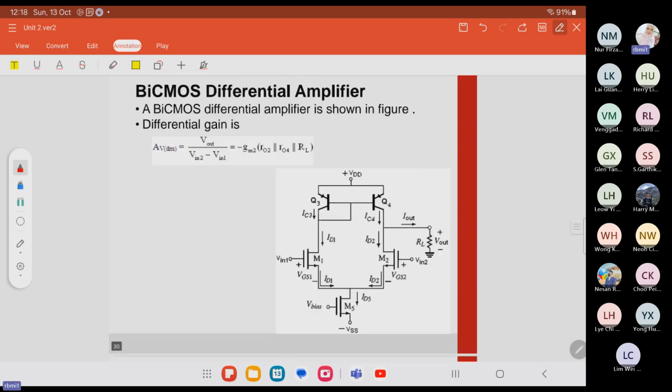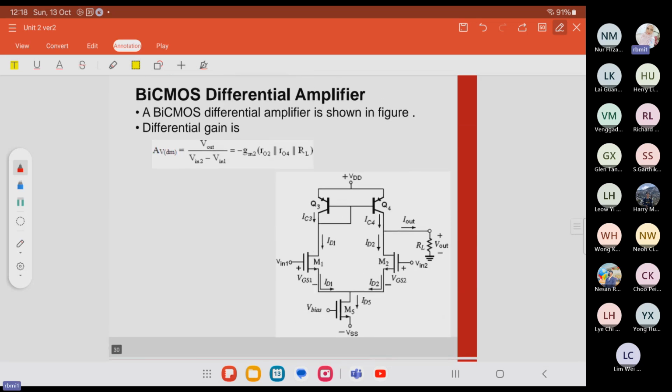And this one is the BiCMOS, the combination between the BJT and the MOSFET. So the name is the BiCMOS differential amplifier. We have M1 and M2, the MOSFETs, we have Q3 and Q4, BJTs, and M5 is a MOSFET as well.